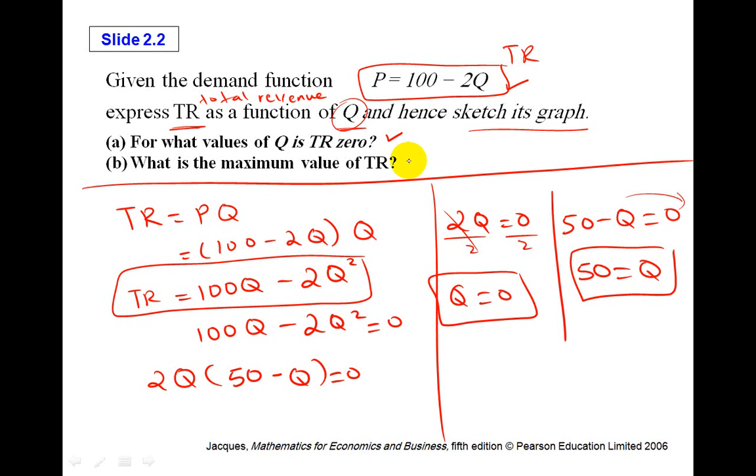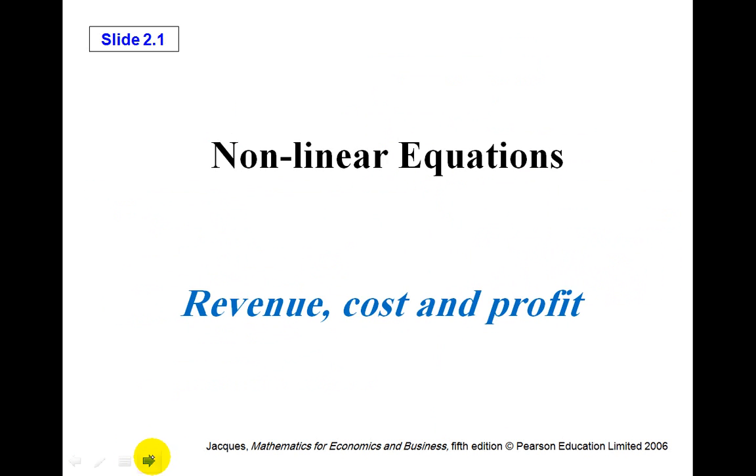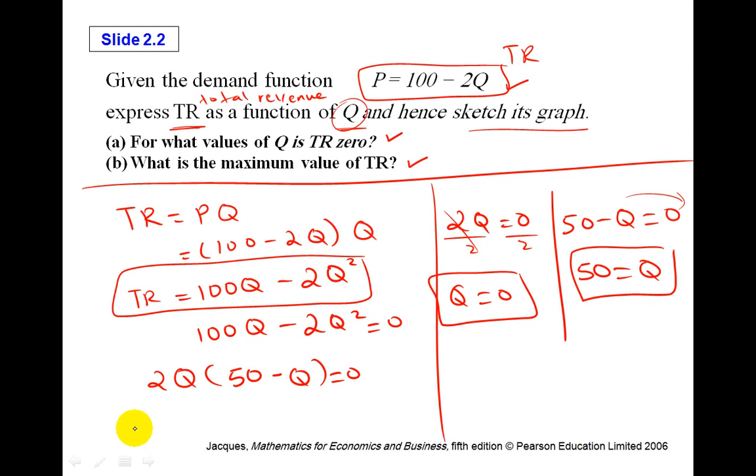Now to find the maximum value of TR, do you remember how to find the maximum value? To find the maximum value, add the two answers, which is 0 and 50, and divide it by 2. 0 plus 50 is 50, 50 divided by 2 is just 25.